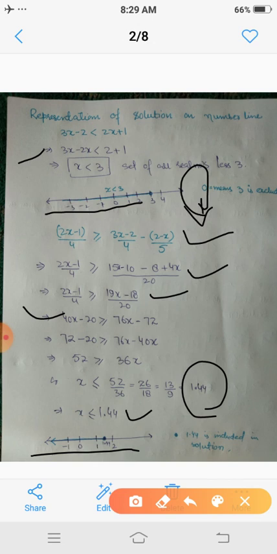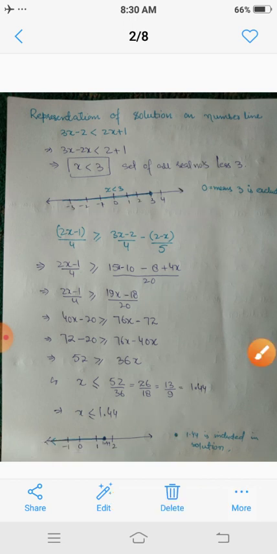Hence we have to consider all numbers from this up to this 1.44, and this shaded dot, or simply the dot, indicates that this 1.44 belongs to the solution set, or it simply satisfies the given inequality.